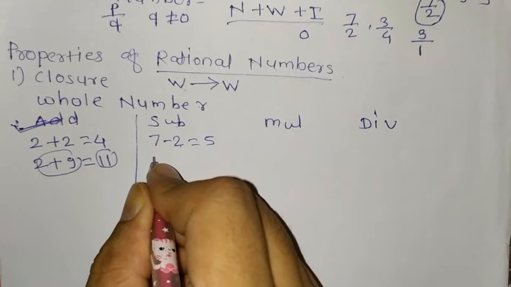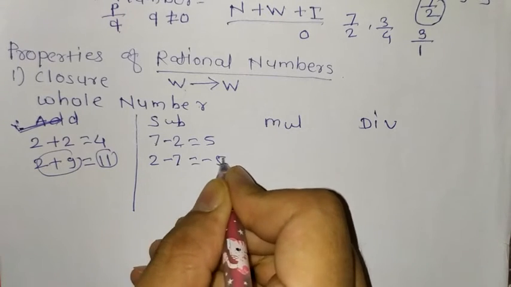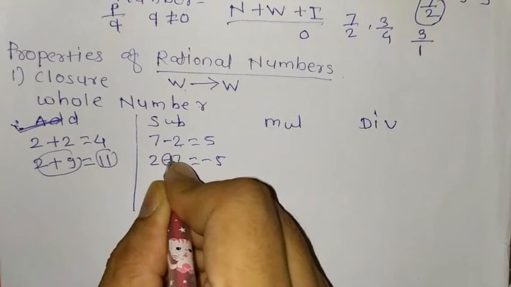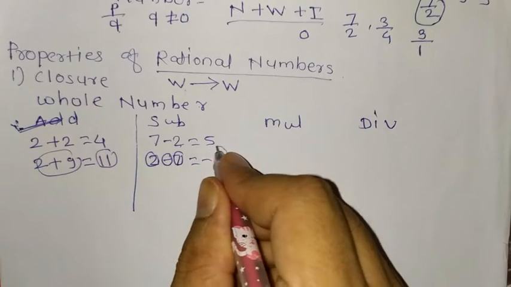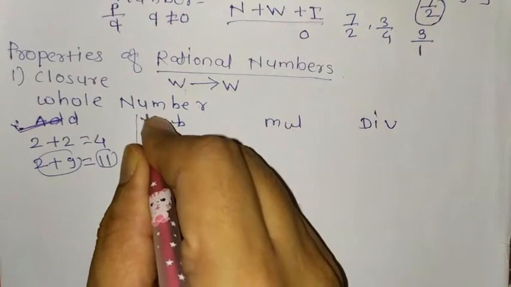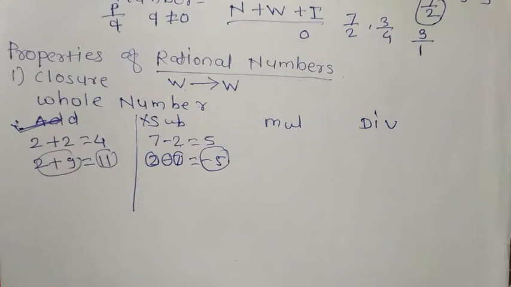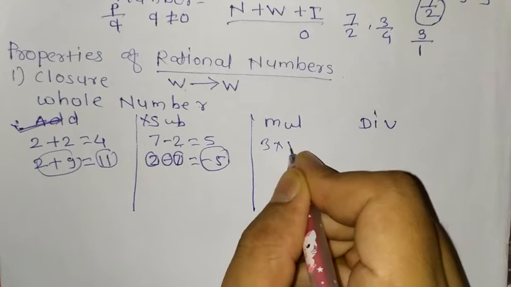Suppose you use 2 minus 7, it is minus 5. In the subtraction process we are using two whole numbers, 7 and 2, but in the result we are getting minus 5. This is an integer, so this property is not satisfied under closure. Multiplication, 3 into 5, 15.